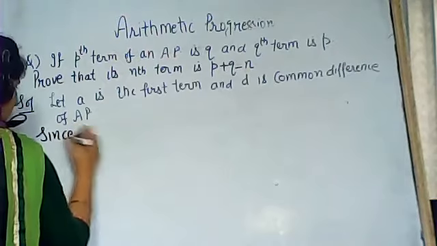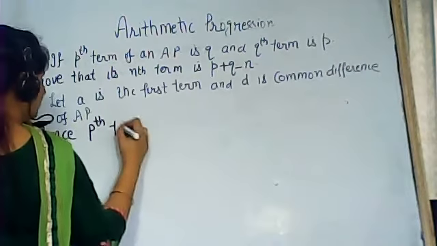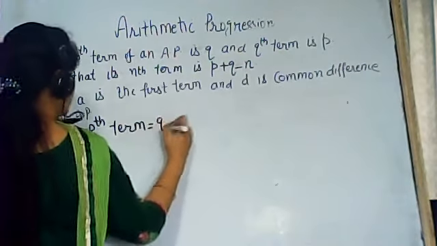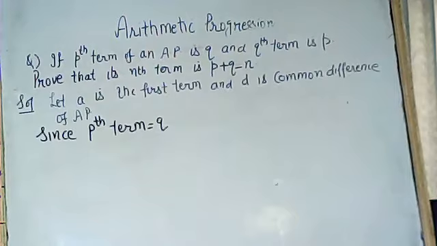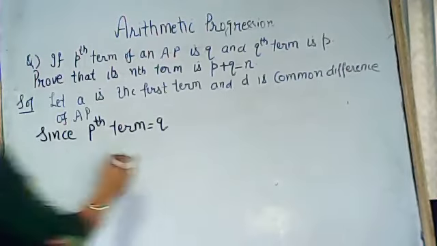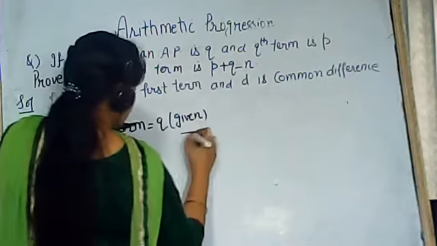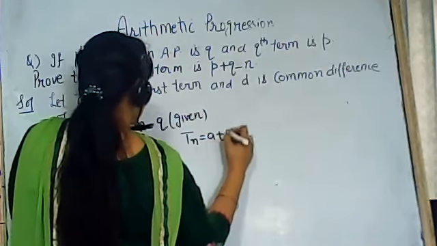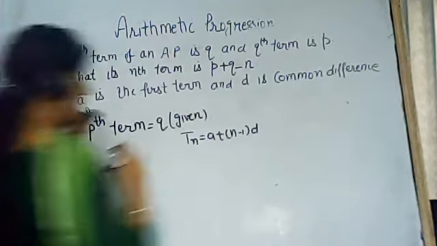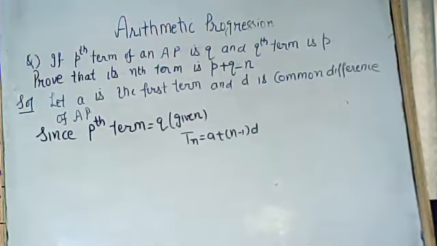The pth term is equal to Q. The value of the pth term is equal to Q. It is already given in the statement. Now, since the nth term is equal to A plus N minus 1 into D, this is the formula for the nth term.